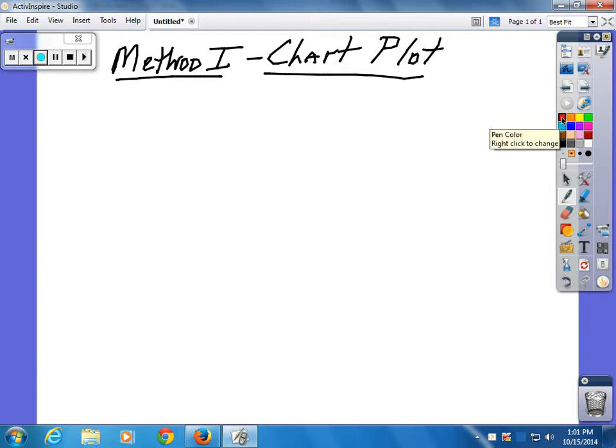Graph using points, coordinates, or ordered pairs. Just write those 3 words down.